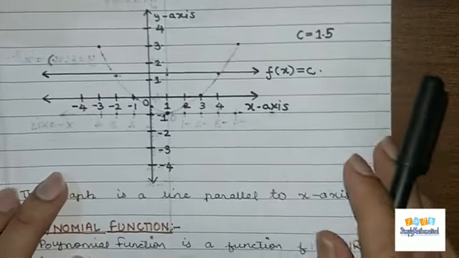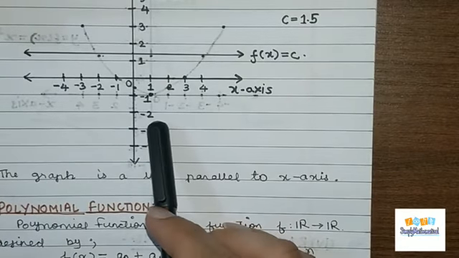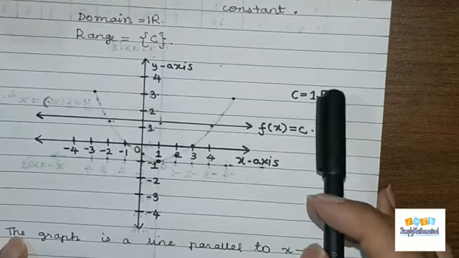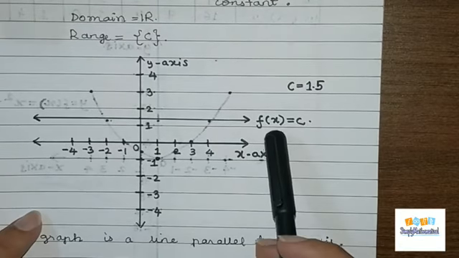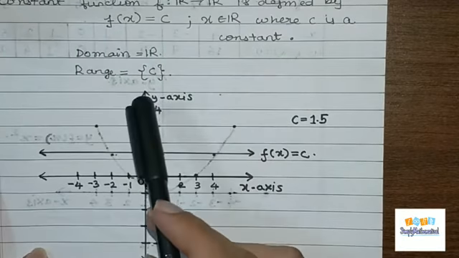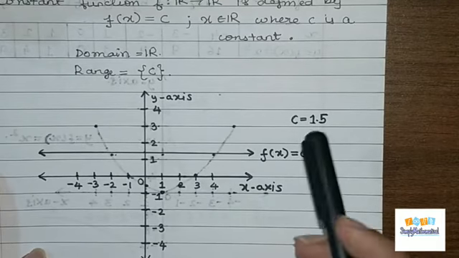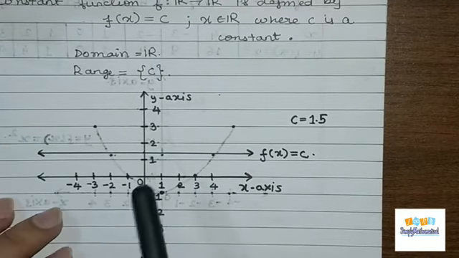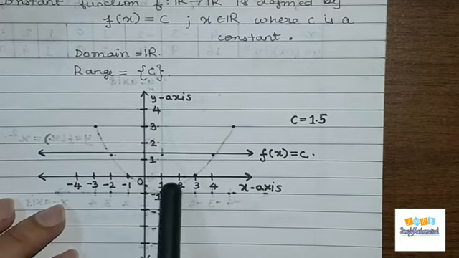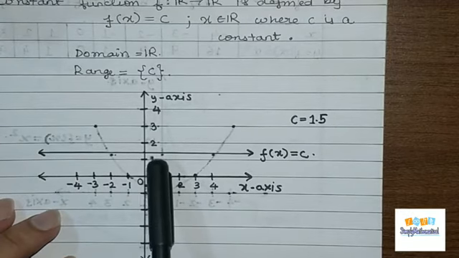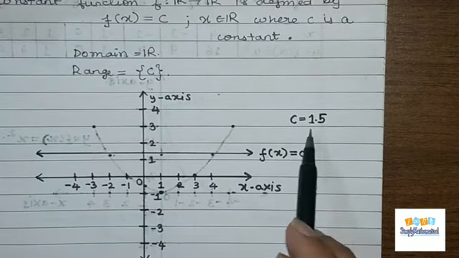Now we will look at the graph of the constant function. If you take c equal to say 1.5, then what you have to plot is f(x) = 1.5, or f(x) = c. For every x on this horizontal line, the value of the function is 1.5.